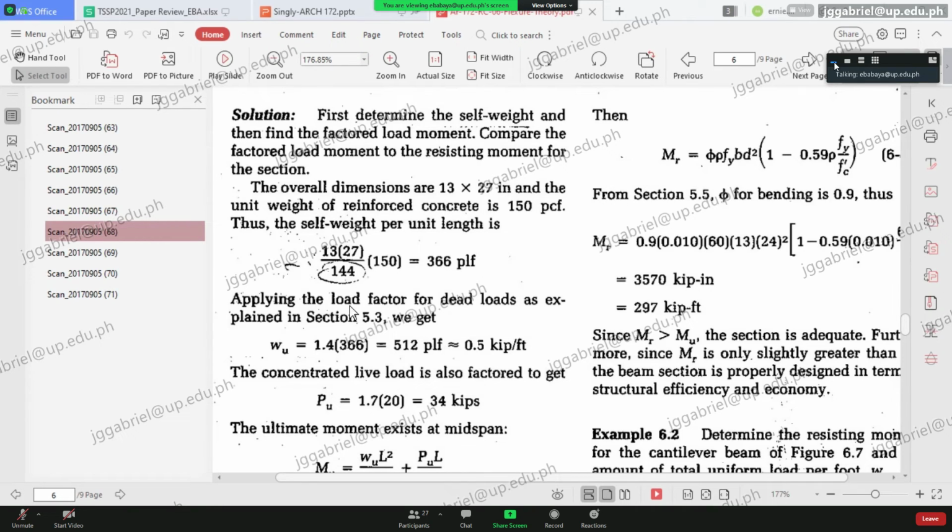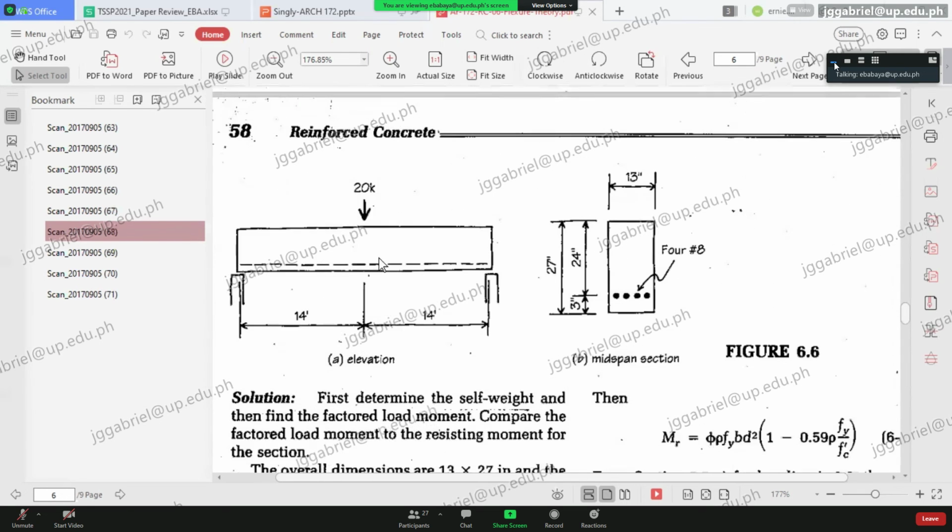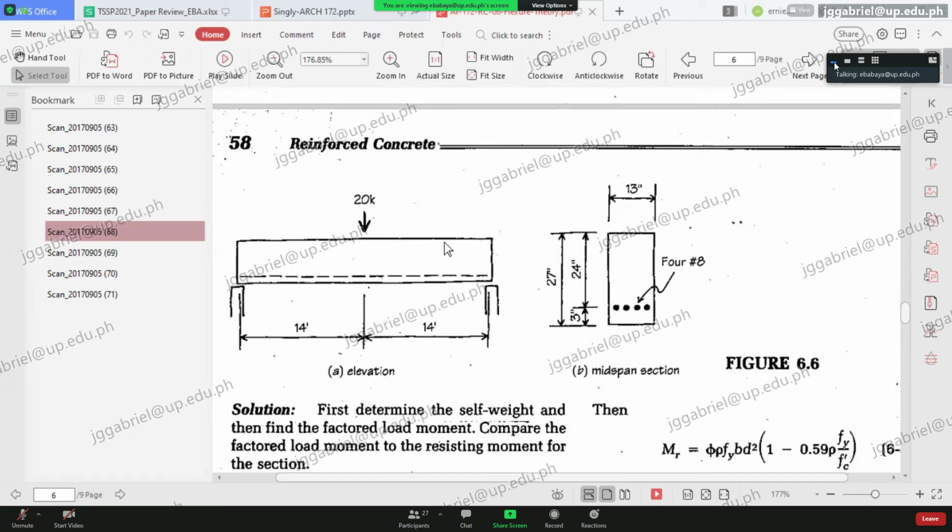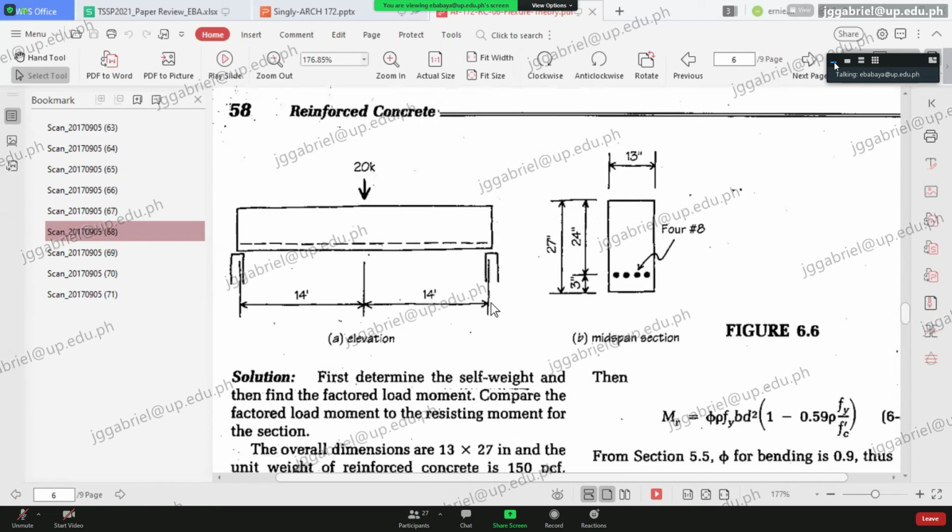Now, applying the load factor for dead load, we multiply 1.4. So WU, that will be the distributed load in here. Now, there's not drawn any distributed load, but we assume that that is a distributed load because it's the self-weight. So self-weight is applied from this point to that point. So it's a distributed load.